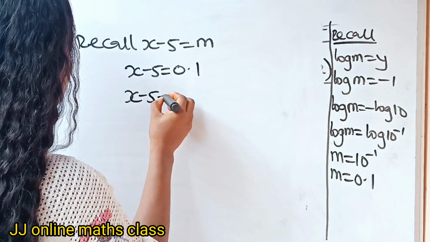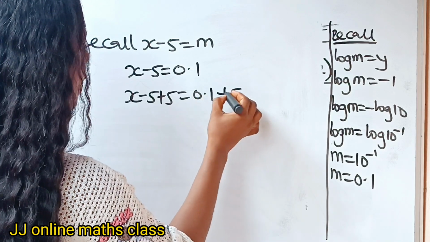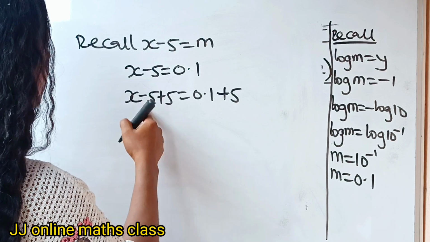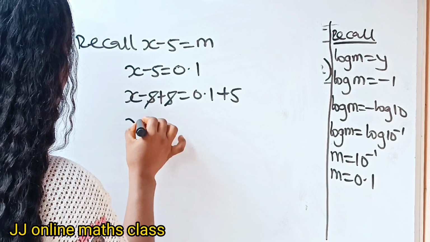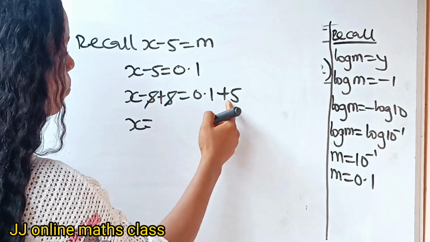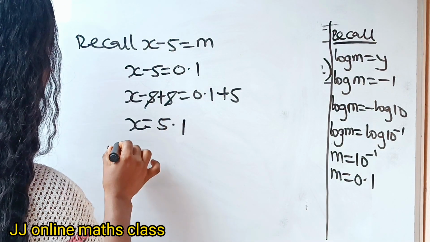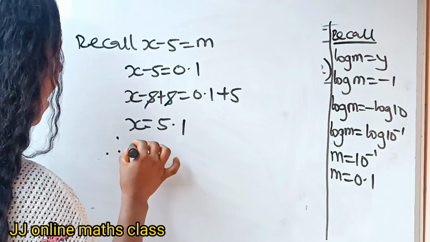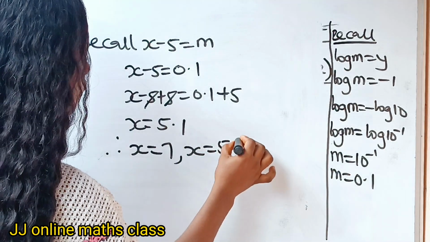So we have x minus 5 plus 5 is equal to 0.1 plus 5. The minus 5 and plus 5 cancel, giving us 0. That means x is 0.1 plus 5, which gives us 5.1. Therefore, our x is equal to 5.1.